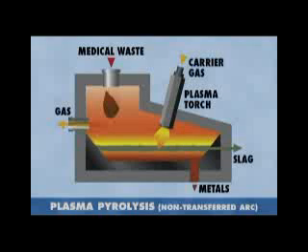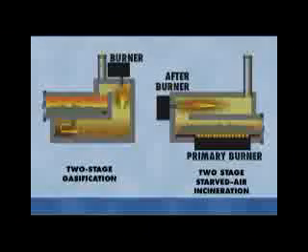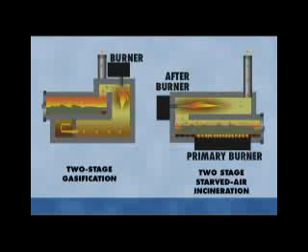Different carrier gases or gas blankets are used in plasma arc pyrolysis, such as nitrogen, air, steam, or an inert gas like argon. The gas that is used can create a predominantly reducing atmosphere, mainly pyrolysis reactions, or an oxidizing atmosphere, mainly oxidizing reactions such as those found in incinerators. All these technologies fall within a spectrum depending on the amounts of oxygen in the treatment chamber.